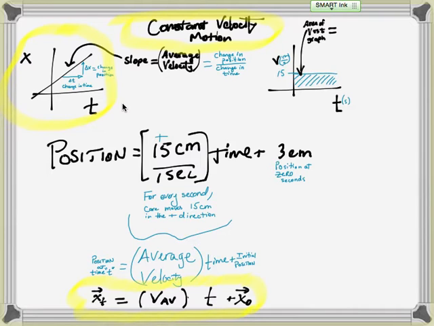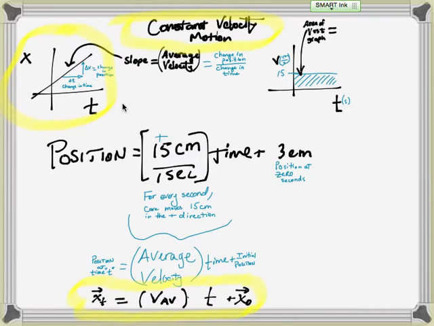And in general, while a slope describes a change in one thing divided by a change in another thing, areas of graphs show us just a change in something. So the velocity graph here is showing us a change in something measured in centimeters, because the units of that rectangle are centimeters.